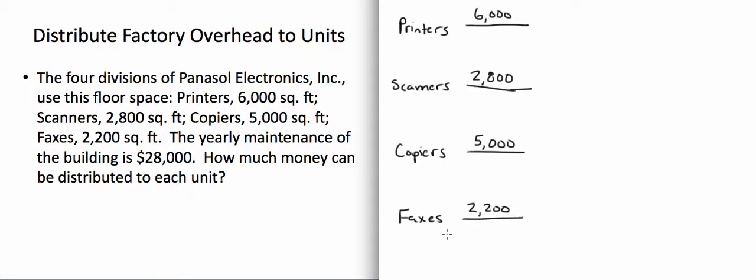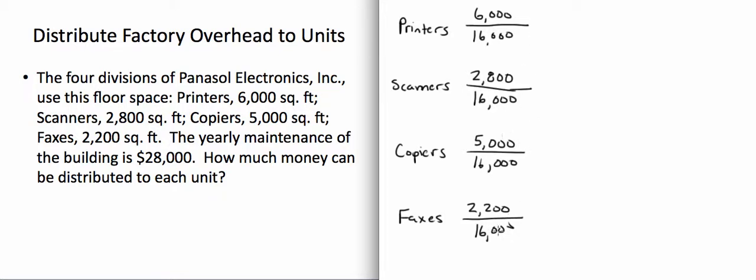So what we're going to do, we have all these values here, we're going to add those up and figure out the total amount of square feet that is used in the building. So in this case, when we add all these up, we get 16,000. So we're going to set this up like a fraction. We have 16,000, and that goes on the bottom of all of our fractions here.